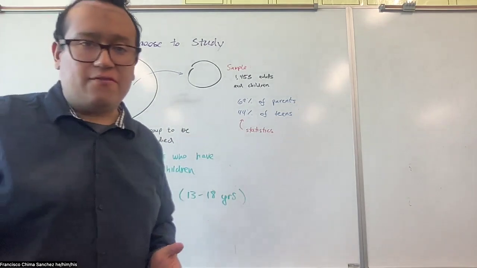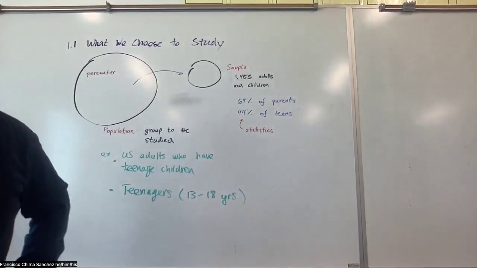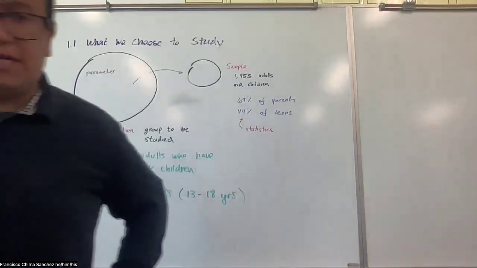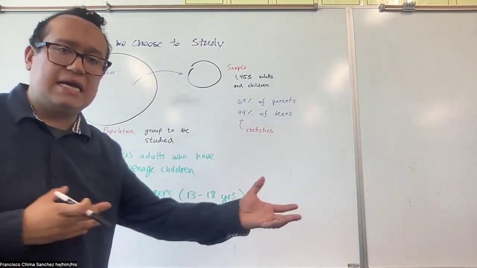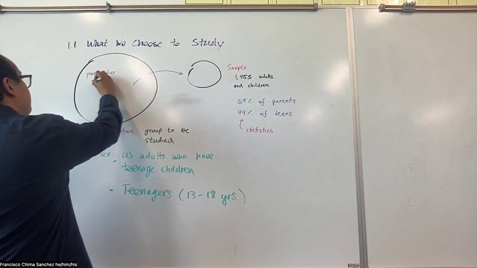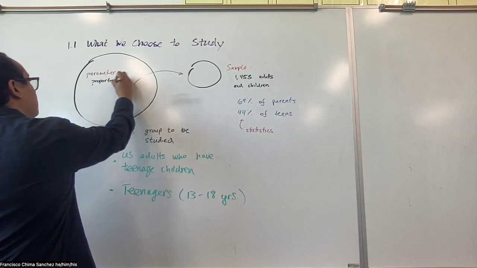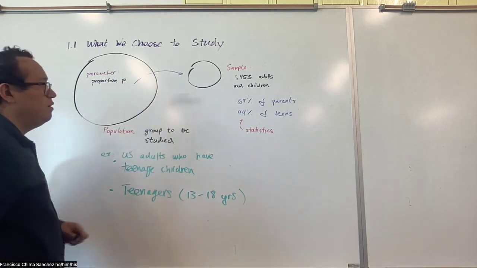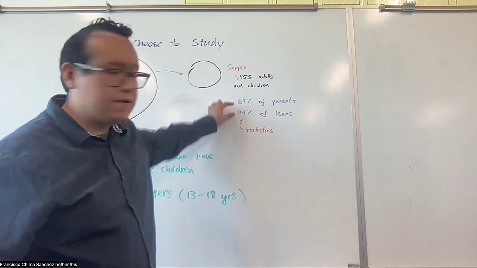Now, we have a variety of parameters that we're going to be studying in this class, but in particular, the one that we're going to be interested in is something called a proportion. So how many people say this versus how many people say that? And so we have here our two sample proportions, right?